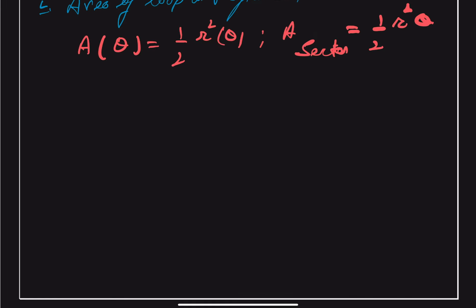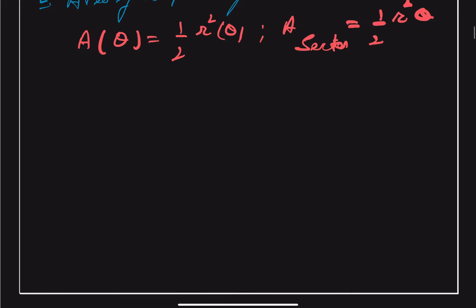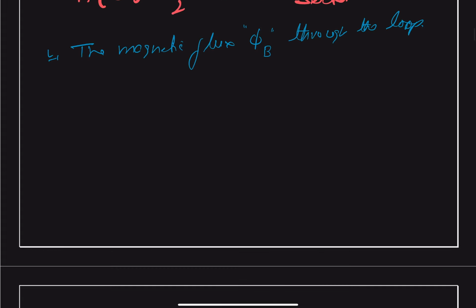Therefore, the magnetic flux through the loop, let us call that phi B, is equal to B multiplied by the area, which is B multiplied by half r squared theta.